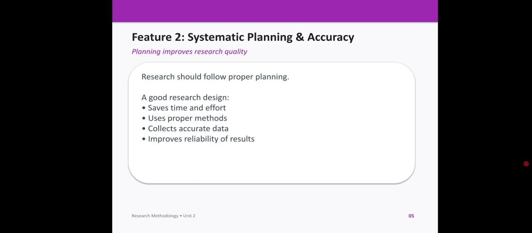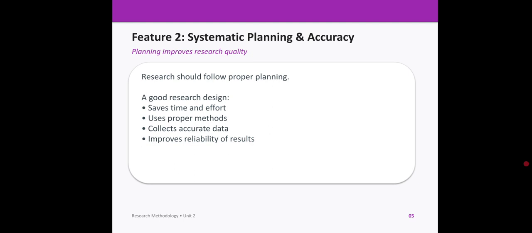That means which category of people you are targeting for research, the population in the research, and which method will be used, and how analysis will be done, which statistical tool you use for your research. So with proper planning, you save time, money and effort.